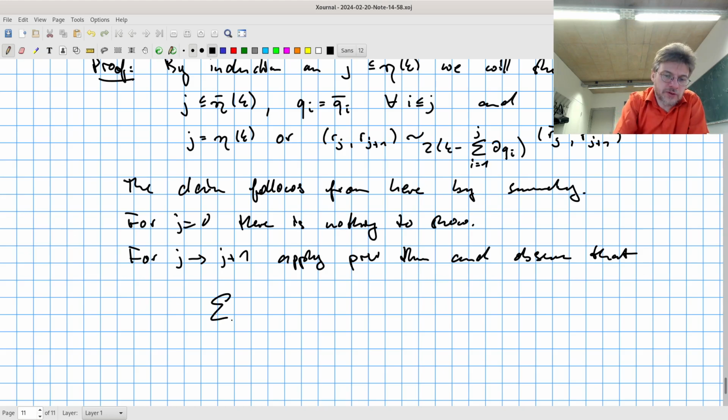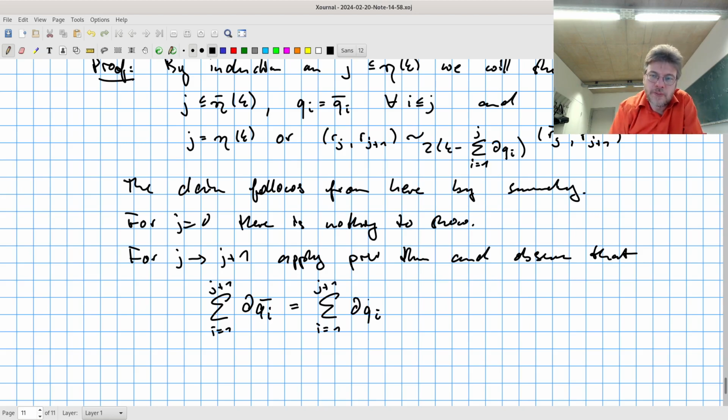So you get the sum of the degrees of the qi's from 1 to j plus 1. That's the sum of i from 1 to j plus 1 of the degrees of the qi's, because we know from the theorem that the q's agree, either from the induction hypothesis, we get those up to j, but then also the next one we get from the theorem.